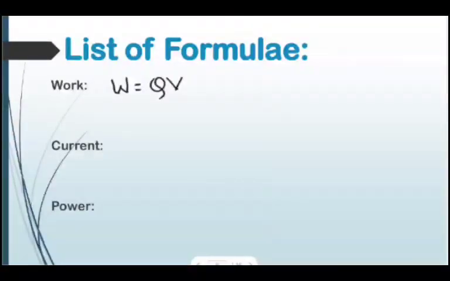What is Q? We know it is the electric charge. We know V is the voltage. And what is the unit for work? The SI unit for work is joule. Okay, children?